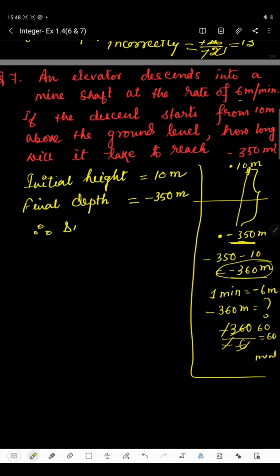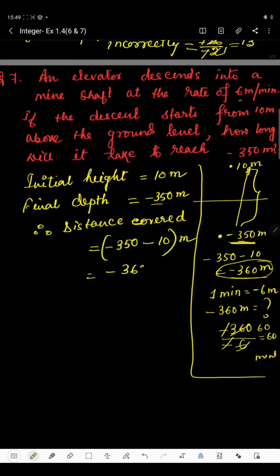Therefore, the distance covered equals, from here, from -350, if you subtract 10, then we will get -360 meter. Now why is it minus? See, minus minus plus, so 350 plus 10 is 360, and since both the numbers have a negative sign, the answer will be negative.